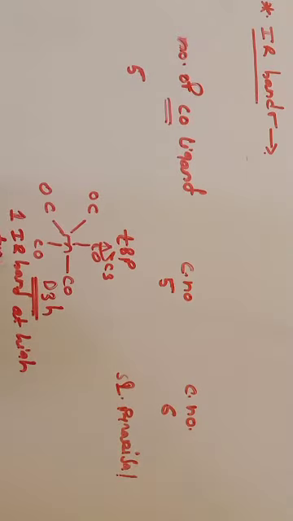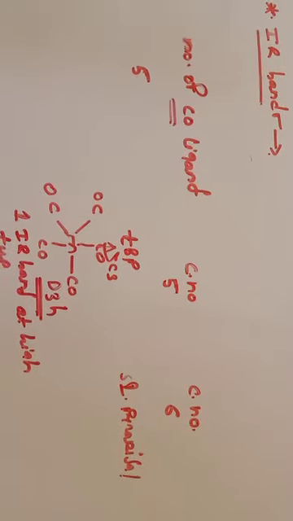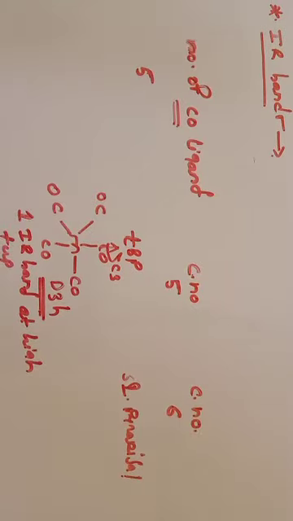No doubt all these carbonyls are equivalent, but we know that these carbonyls, having a trigonal bipyramidal geometry, show fluxional behavior. It means the carbonyl which is axial goes into the equatorial position, and the equatorial carbonyl goes into the axial position, and therefore at high temperature we get only one IR band.